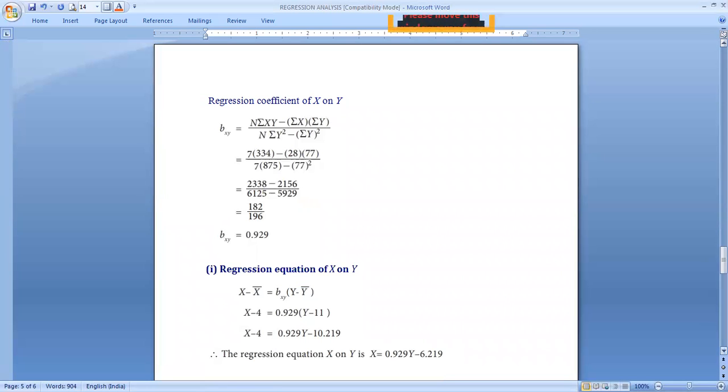So now we will find the regression equation of x on y.